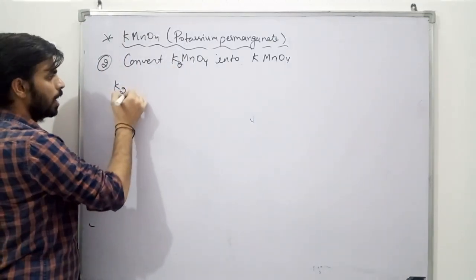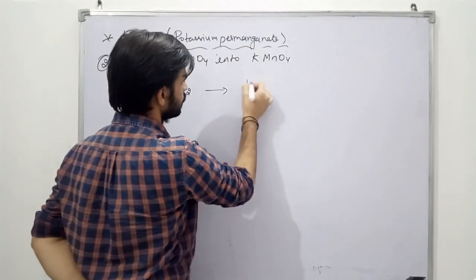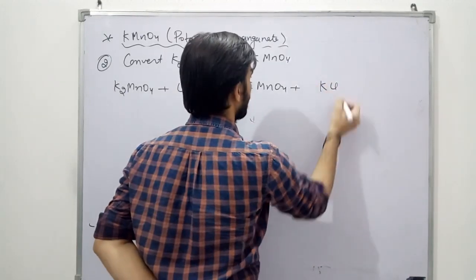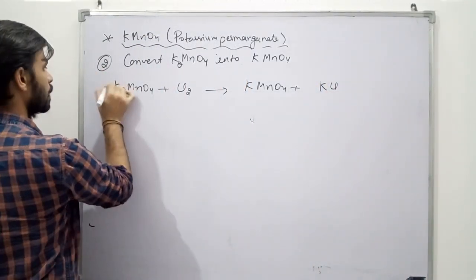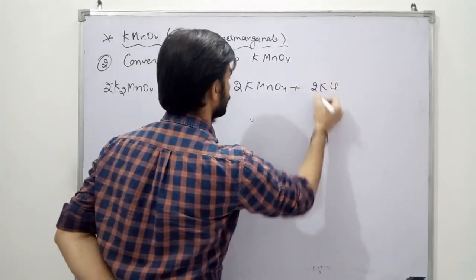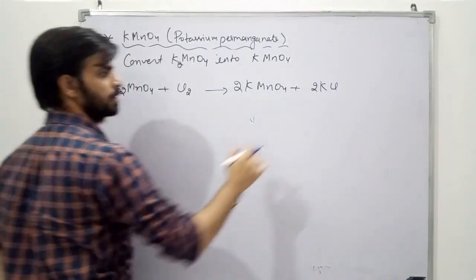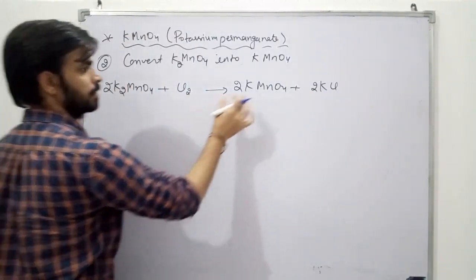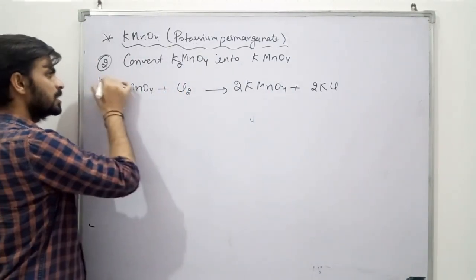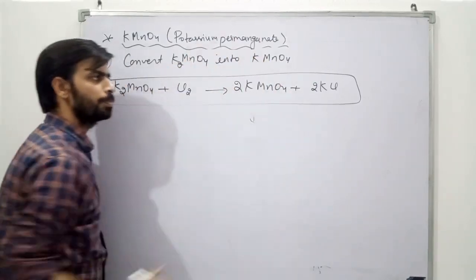So K2MnO4, when treated with chlorine, converts into KMnO4 with KCl. Multiply this by 2, this also by 2. So we have 4 potassium, 2 plus 2, 4 potassium, 2 chlorine, 2 manganese, 4 to the 8, 4 to the 8. This is the simplest way to convert potassium manganate into potassium permanganate.